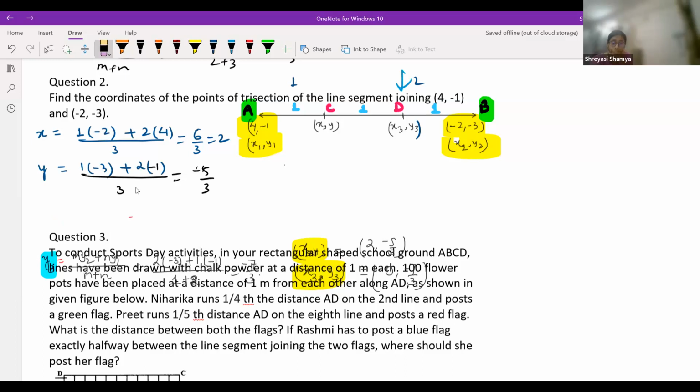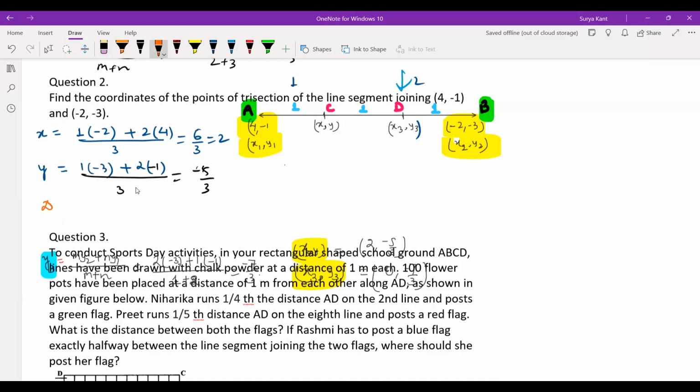Got it, sir. Okay. So right here, D is the midpoint of B and C. So we can write x3 is equal to x plus x2 divided by 2, and y3 is equal to y plus y2 divided by 2.